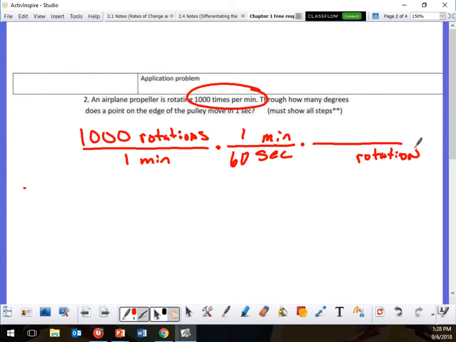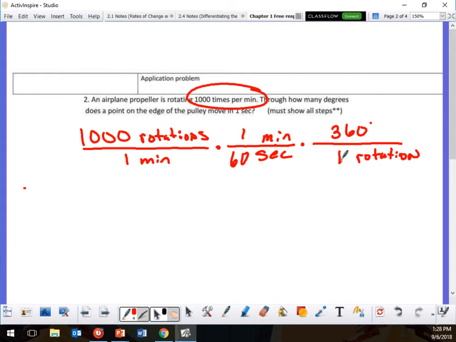No, 1 rotation is 360. Very good. That's what we're looking for. 1 rotation is 360. Every time it goes around, it's 360, right? 60 seconds. All right. So it's going to be 360 degrees for every 1 rotation, right?